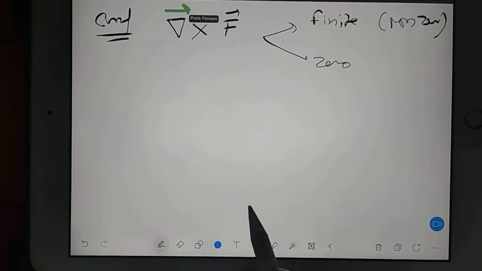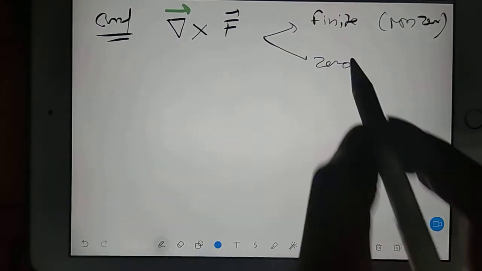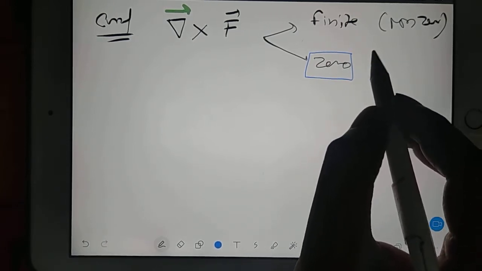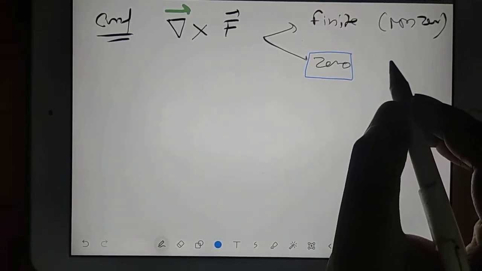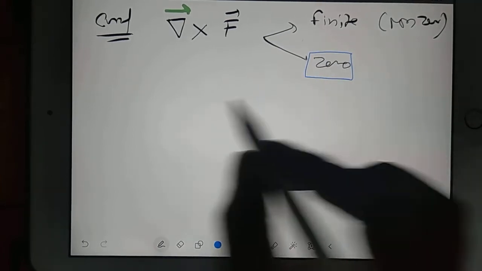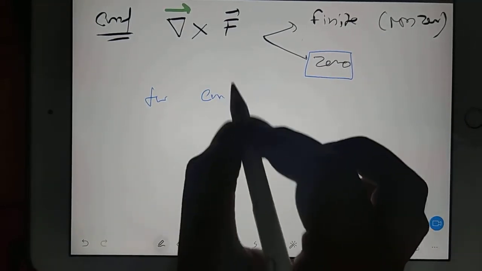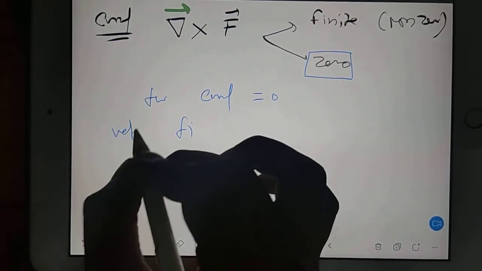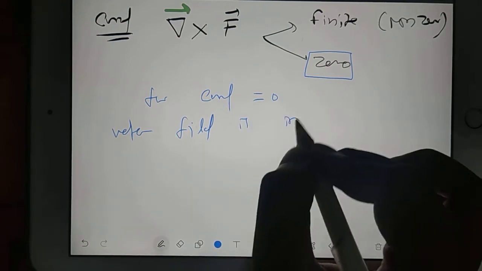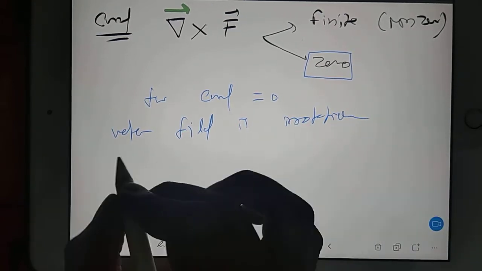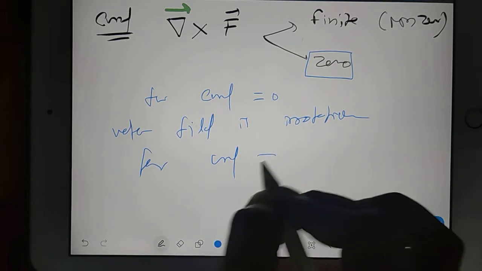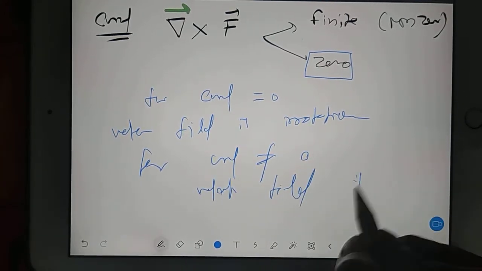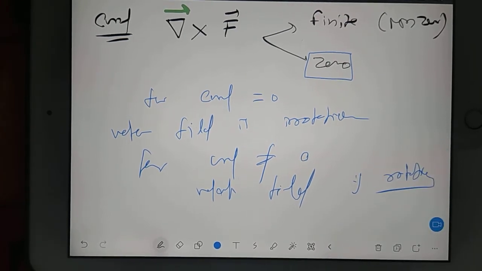If you get zero, then you say your field is irrotational. For curl equal to 0, the vector field is irrotational. For curl not equal to 0, the vector field is rotational.